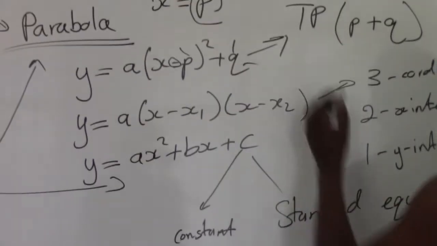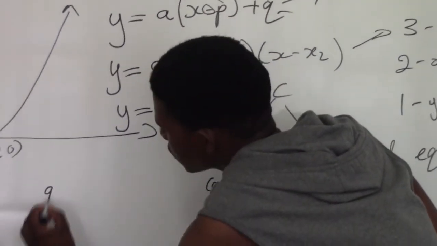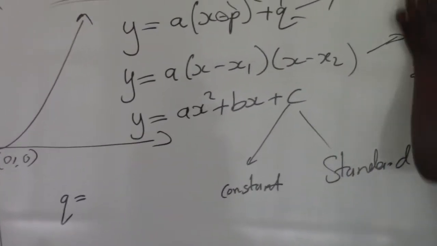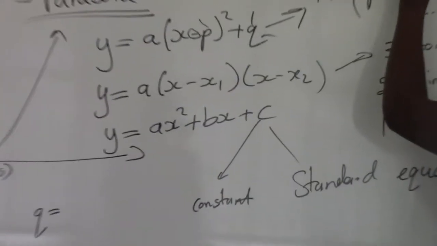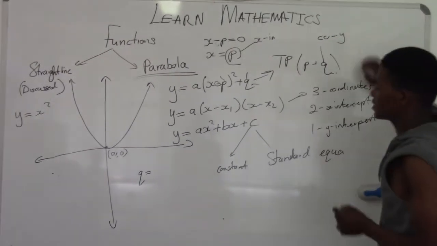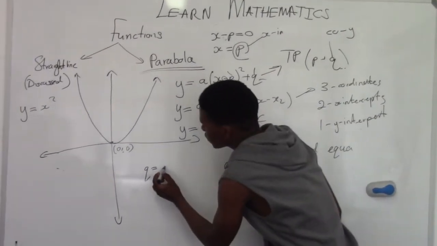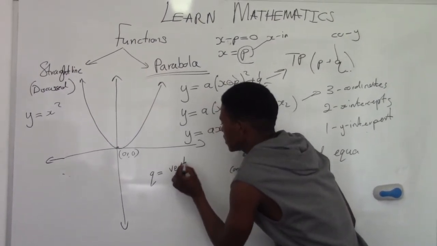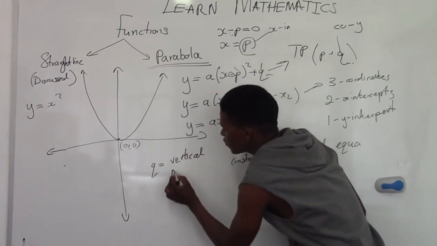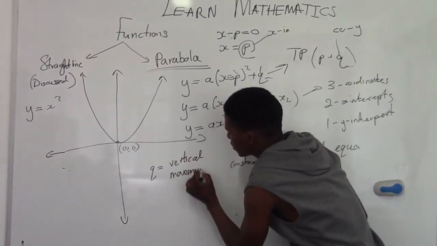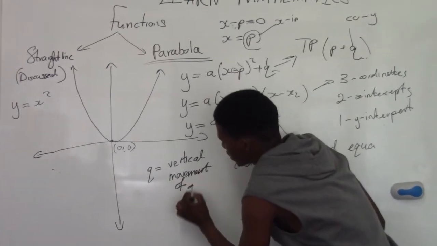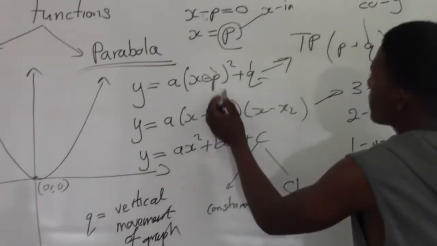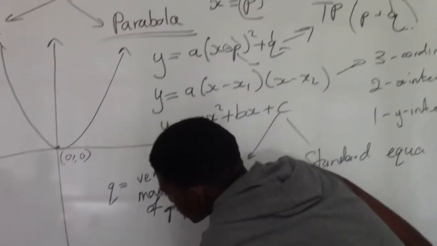Then q: q is not only your y coordinate, but it's also your vertical movement of a graph. Then p is your horizontal movement of a graph.